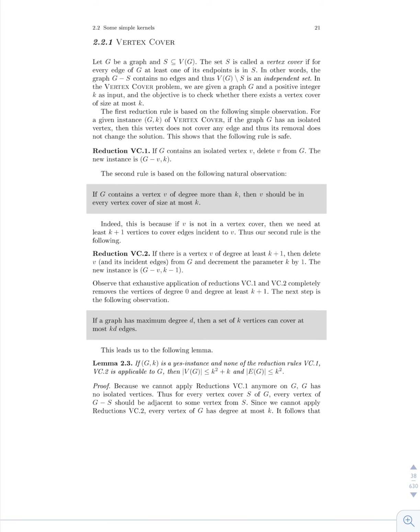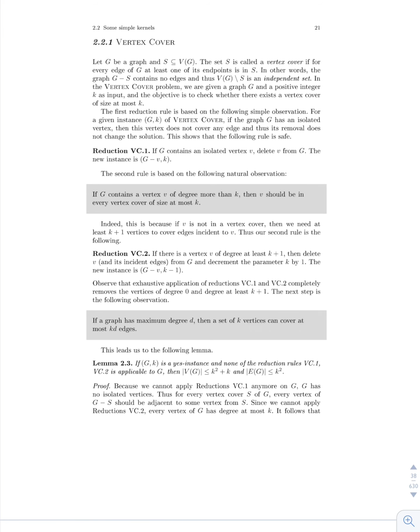Now the second reduction rule: when I have a vertex with degree greater than or equal to k plus 1, it means that if I don't choose that particular vertex, I will have to choose all its other k plus 1 neighbors. But since my budget is only k, I can only choose k vertices.